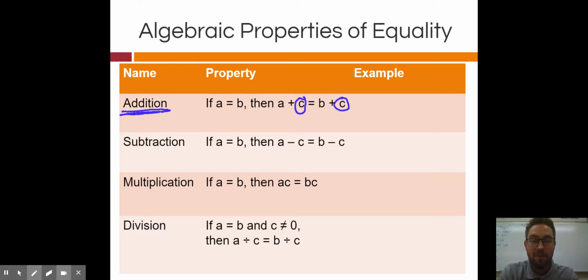So here's an example. If I said that x equaled 3, and I added 2 to both sides, x plus 2 should equal 3 plus 2, or 5.